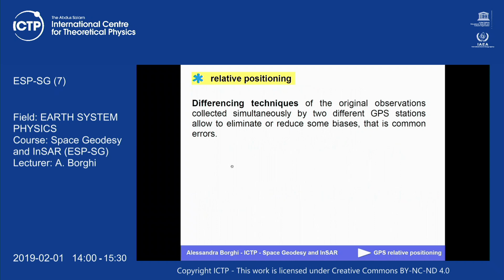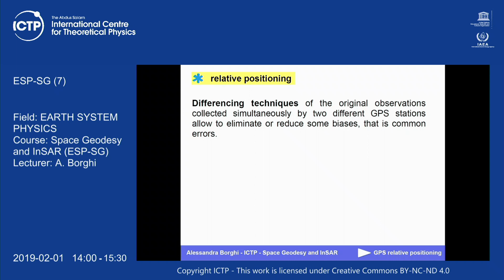So we started from relative positioning. It means that we don't use just one single receiver, but we connect a receiver in the processing. It's not a physical connection. We take measurement by one receiver and by another receiver, and we can compute some differences of the observation.